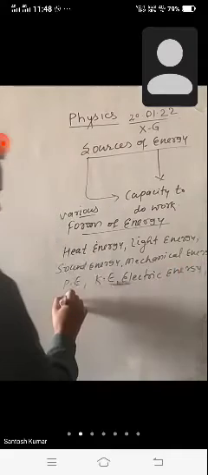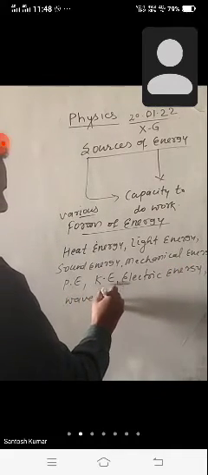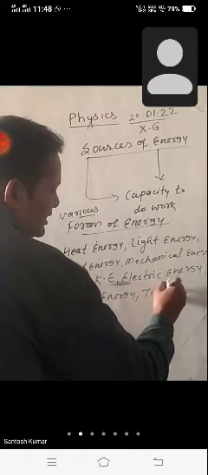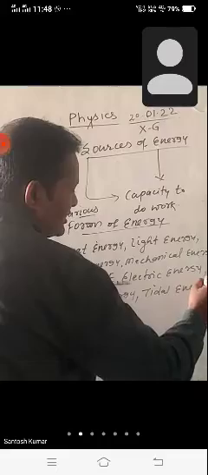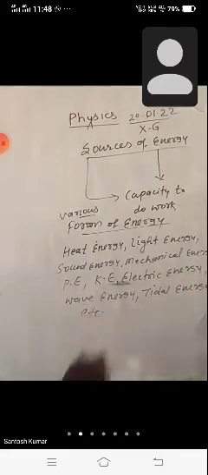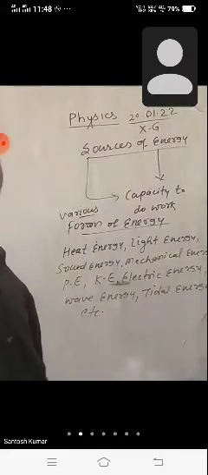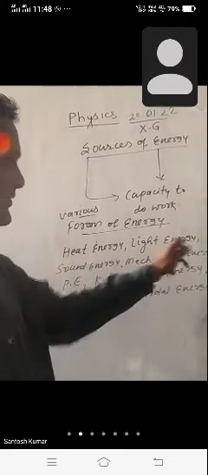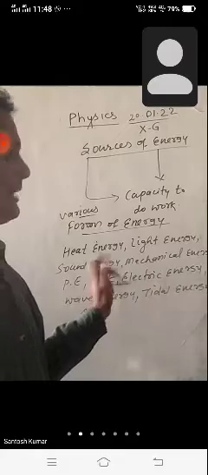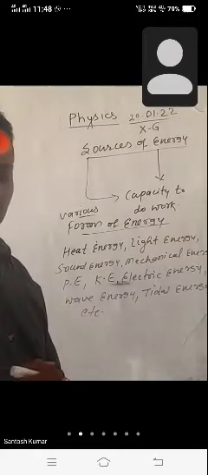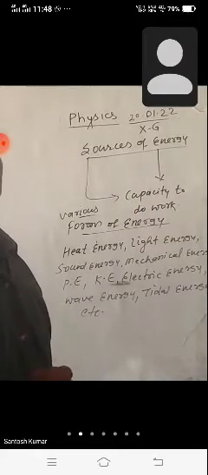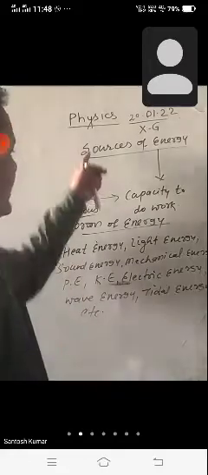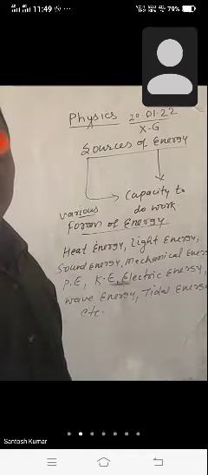These are the various forms of energy. Wave energy, tidal energy, etc. Many more forms of energy are there. We all know about these forms. So each and every form has the capacity to do work. And our target is to look at how that can be utilized as a source of energy.